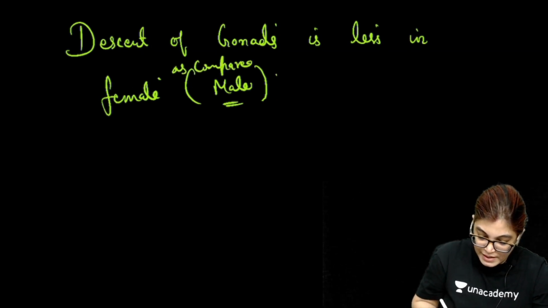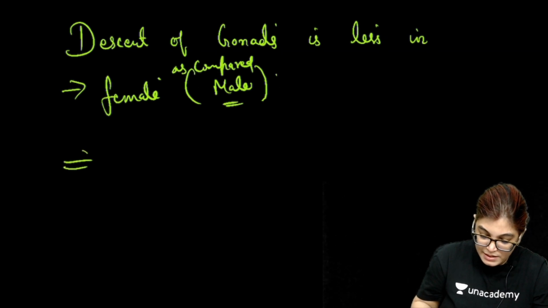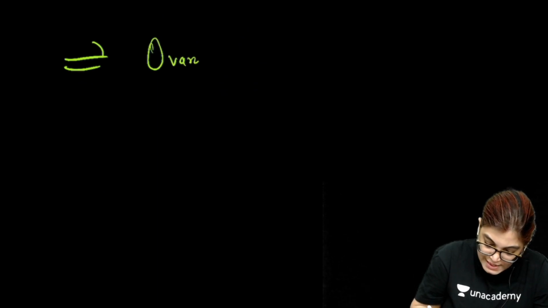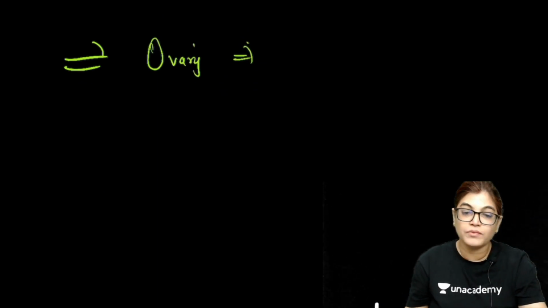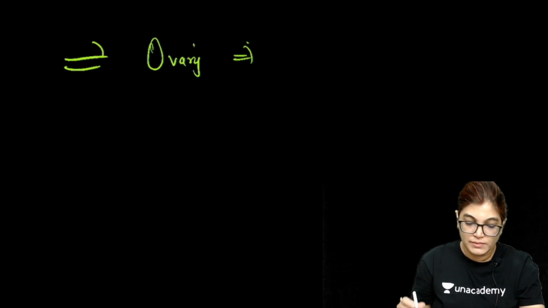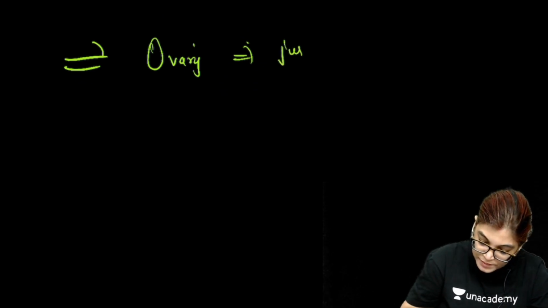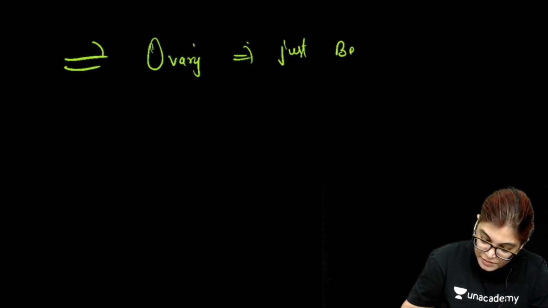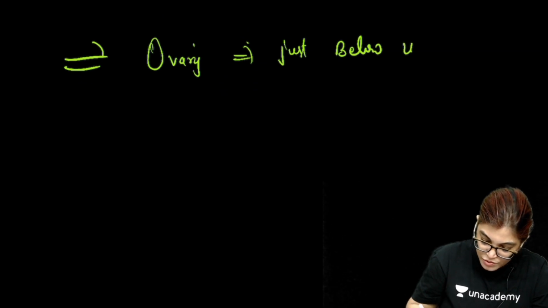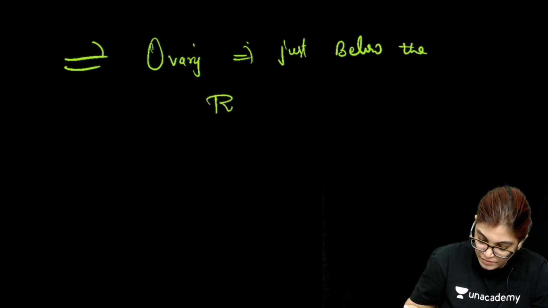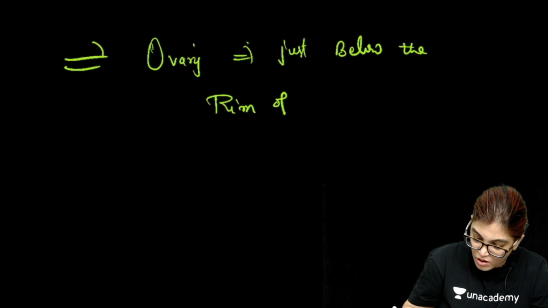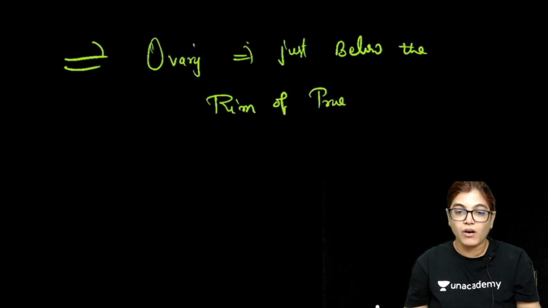Where it lies, if I talk about the descent, the ovary is finally settling just below the rim of the true pelvis. So these landmarks are all important, so I am writing the whole of it.